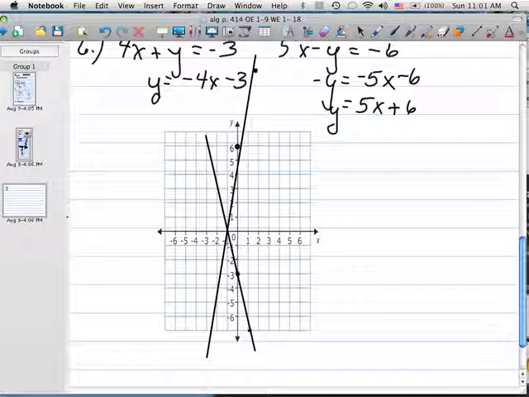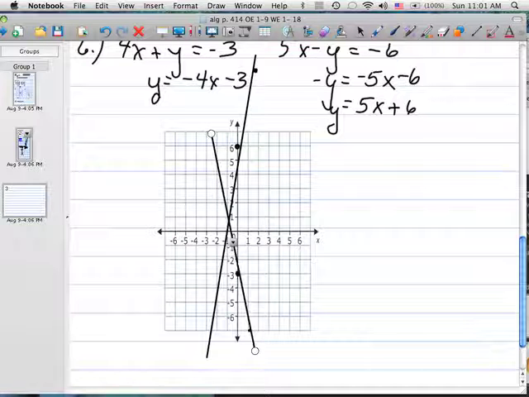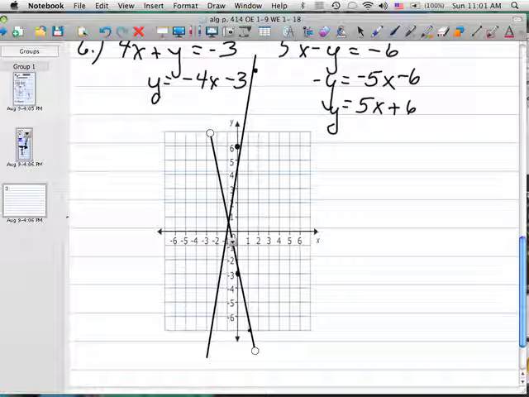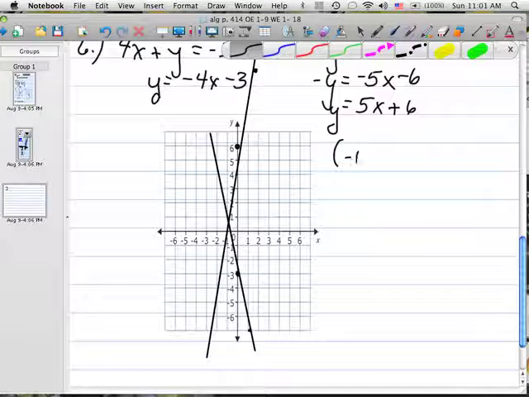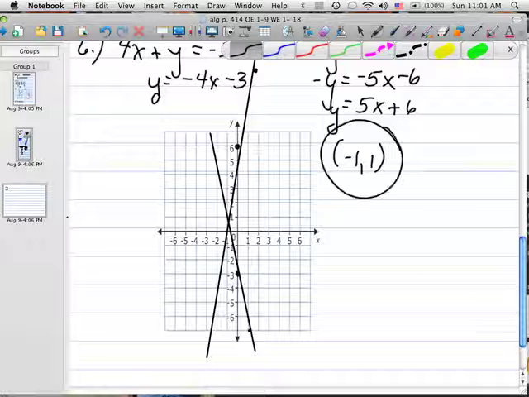Should intersect right there. Okay, -1, 1.